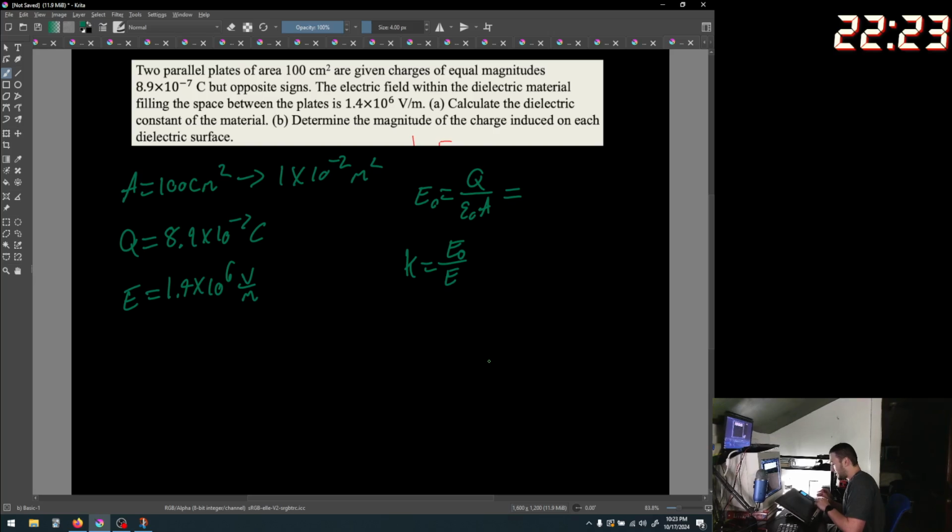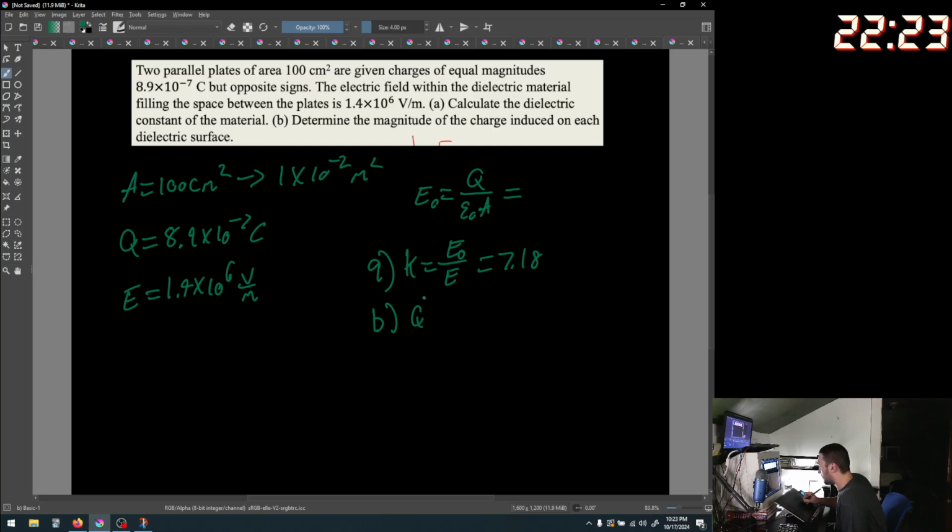We're going to divide that by 1.4 times 10 to the 6th. I'm reading K equals 7.18. This is A. This is B, determine the magnitude.